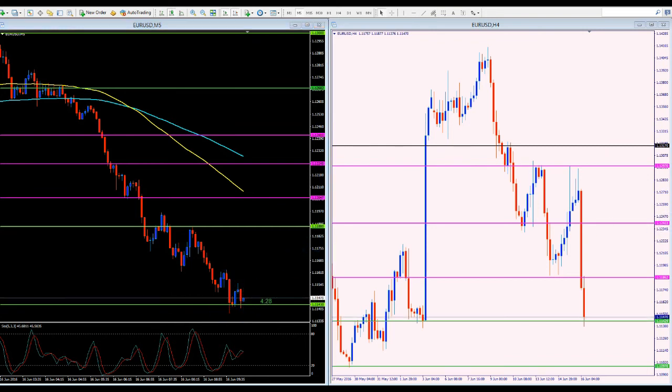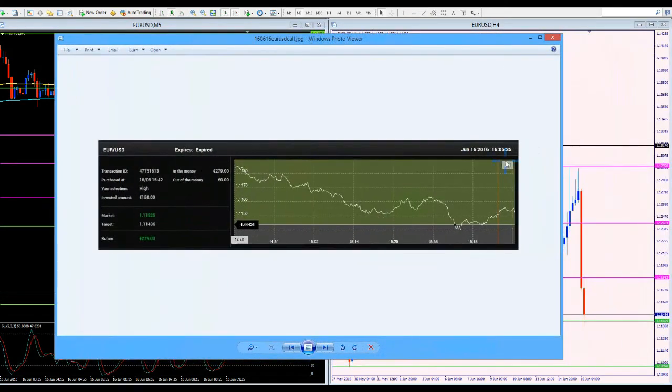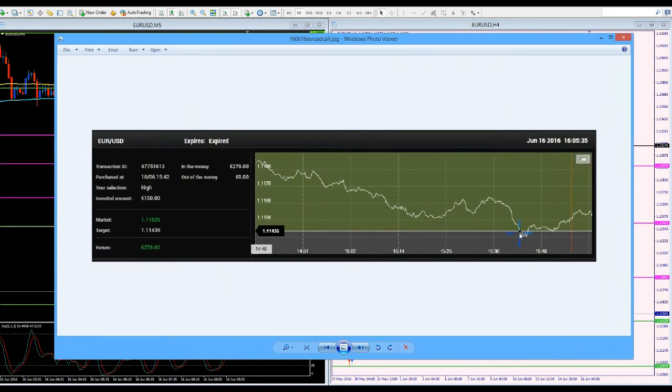So let me also show you just a moment. Okay, I was going to take a picture and show you here. So there you go, that's the trade. As you can see, my entry, I was out of the money for about a couple of pips there, and then it came back, and my target became support.